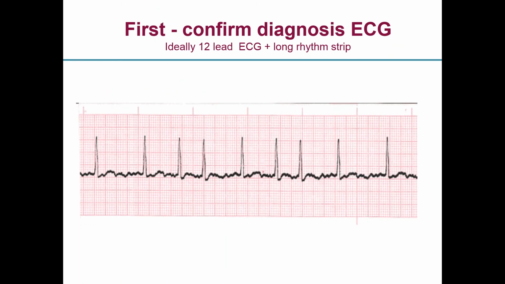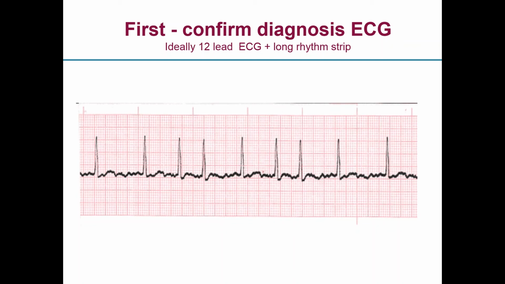So the other key thing to look at is the distance between the QRS complexes. Often I do this with a bit of paper, and you measure one distance and then the next and then the next, and you'll see that the distance is totally irregular. It's irregularly irregular, and that's usually enough to confirm that the diagnosis is atrial fibrillation.